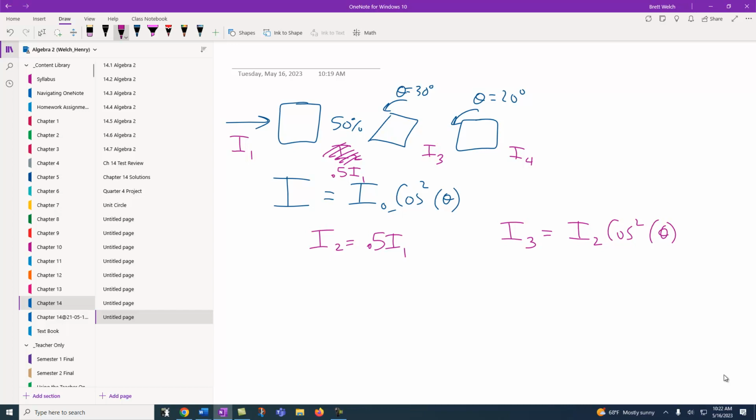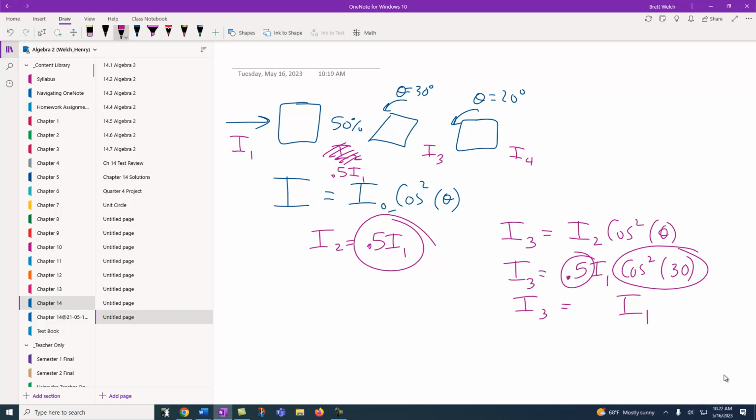So I3 will equal, using 0.5 I1 for I2, 0.5 I1 times the cosine squared of 30 degrees. You can put the 0.5 and the cosine squared of 30 into the calculator without ever worrying about what I1 actually is.